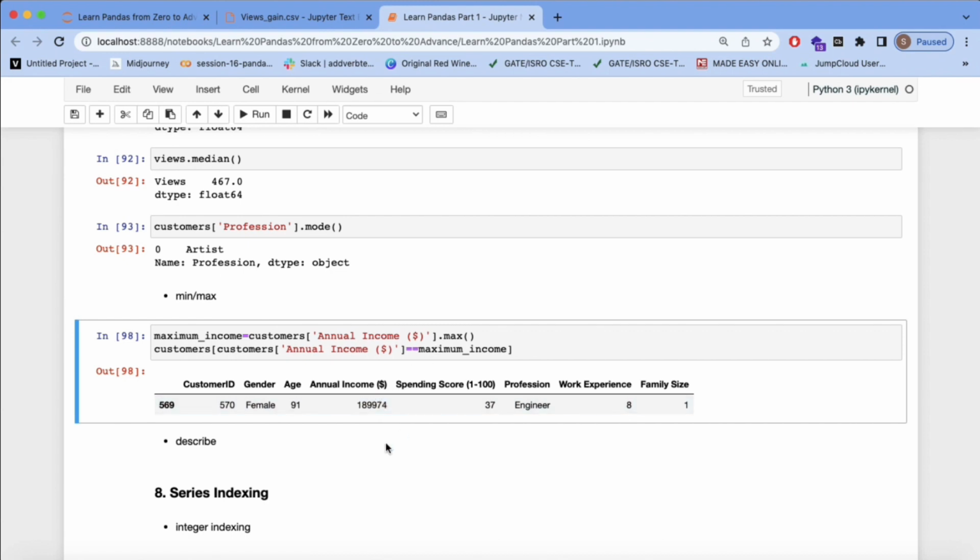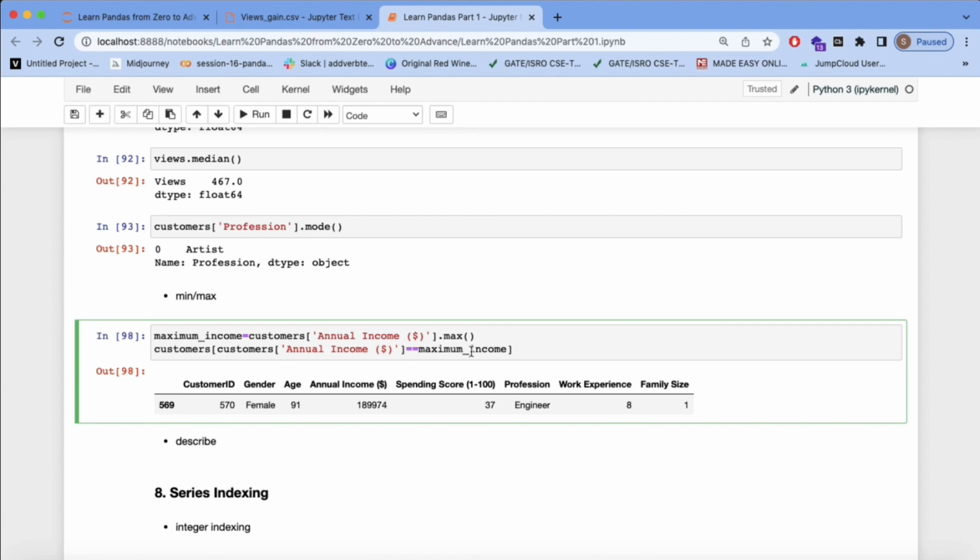Here what I did was, I just wanted to know which customer has the highest annual income. I put the column annual income and applied the max method. It shows the number 1,89,000. I stored this in the variable maximum income, and after that I compared each customer's annual income with the maximum.